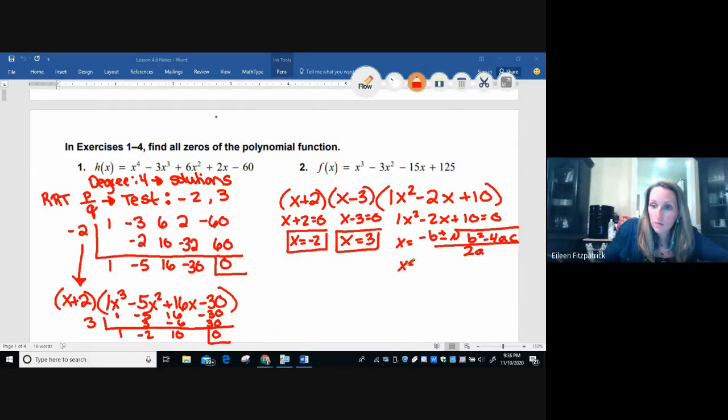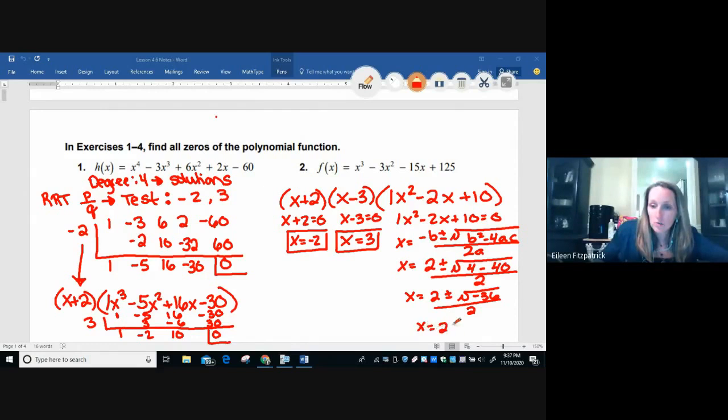All right, so x is equal to, plug in -2 for b, so it's +2 plus or minus the square root of -2 squared, which is 4, minus 4 times 1 times 10, that's -40, all over 2 times a, which is 2. So that simplifies to 2 plus or minus the square root of -36 over 2.